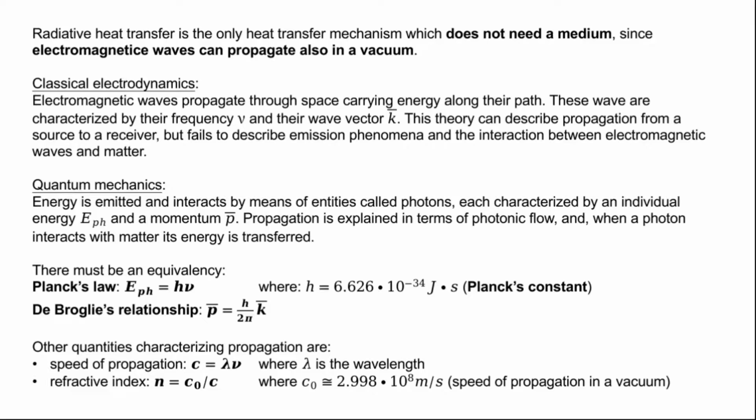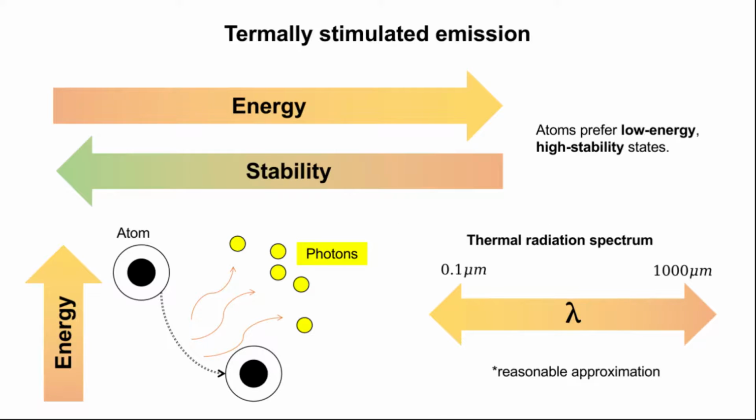Other quantities characterizing propagation are the speed of propagation, which is equal to lambda times nu, where lambda is the wavelength of the electromagnetic wave, and the refractive index, which is the ratio between the speed of propagation in a vacuum and the speed of propagation in a medium.